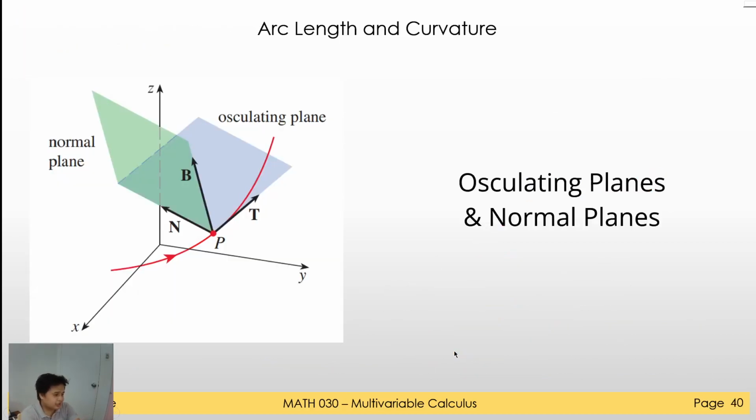Okay, now let's discuss the osculating plane and normal plane. So what is the osculating plane? The osculating plane is a plane that is perpendicular to the binormal vector.